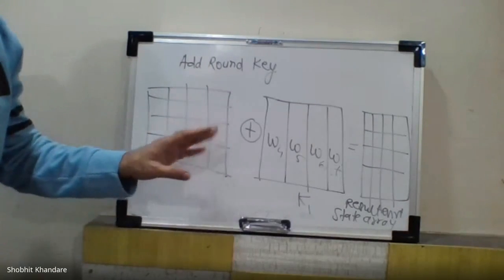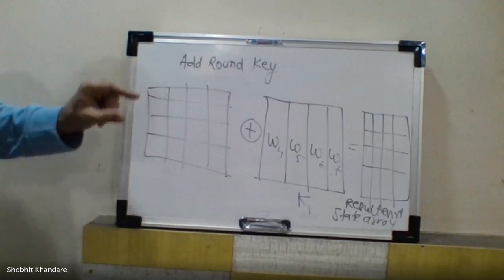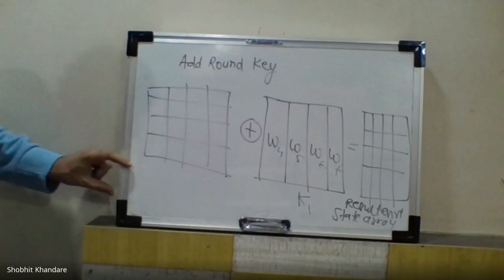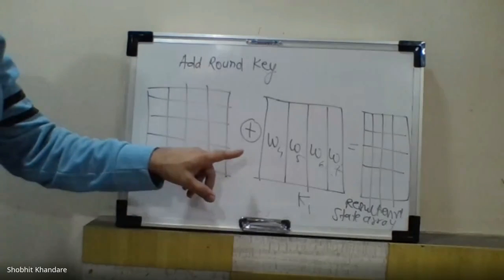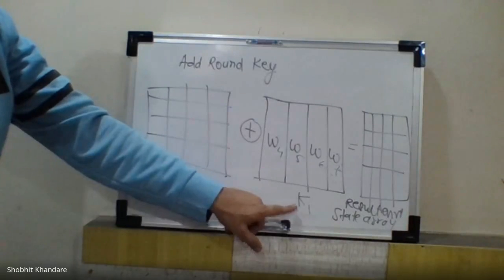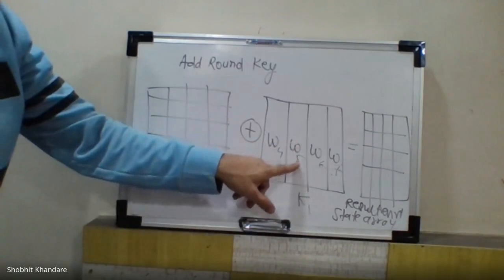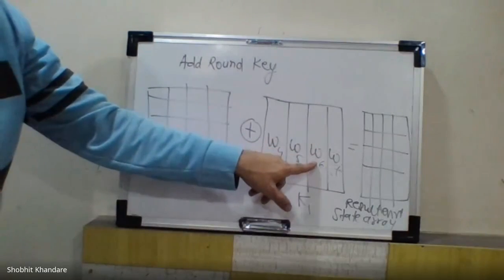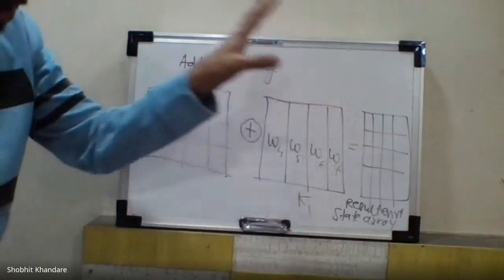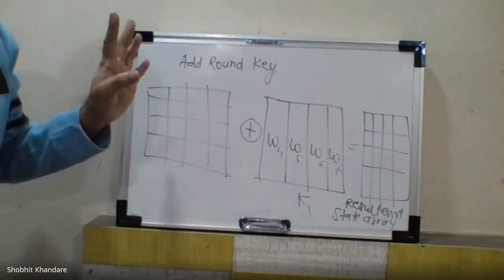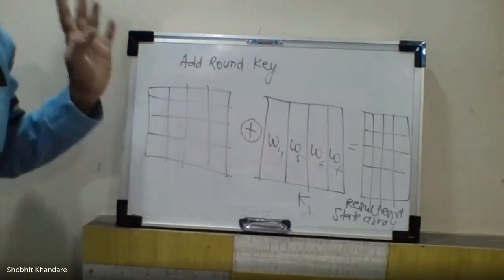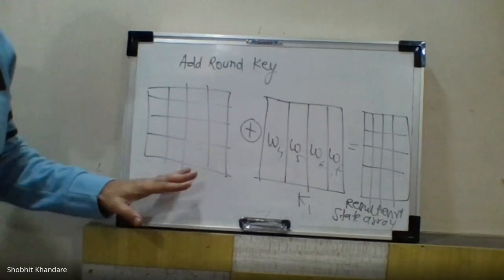So directly the output of the shift rows will be given as the input to the add round key, and the key which will be used in round 10 will be K10. The words would be W40, W41, W42 and W43. So we'll be using all the key words, a total of 44 words, for the 10 rounds. And this is about the last add round key.